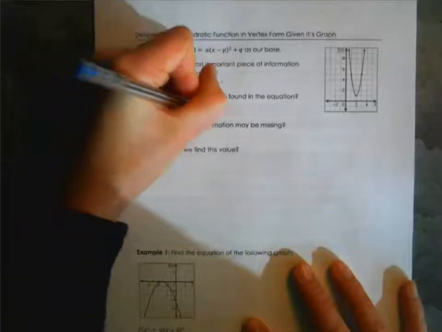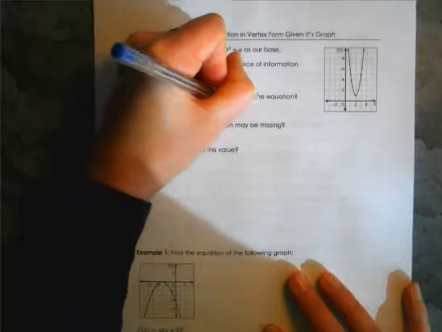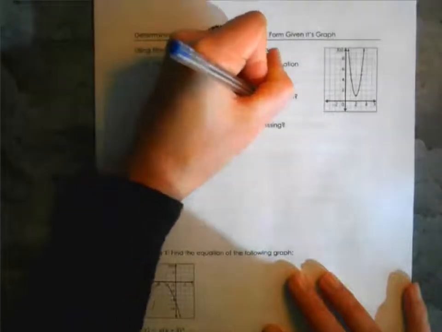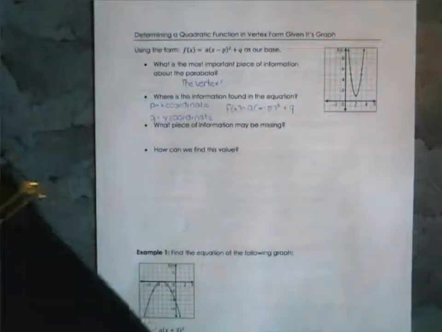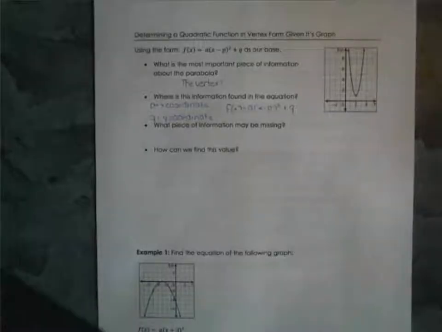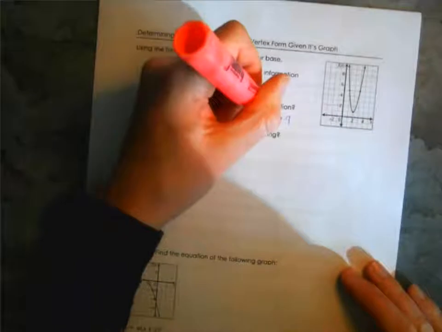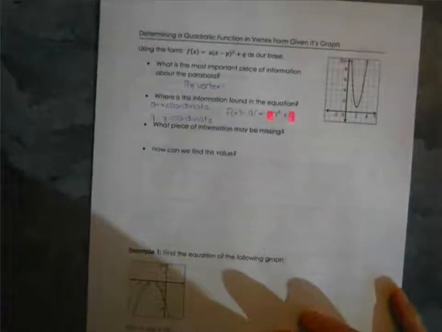And so then we can say, if we're trying to find it in the equation, f of x is equal to a x minus p squared plus q. So the places where we can find this information are at the p and at the q, right? Those are our two pieces of information.